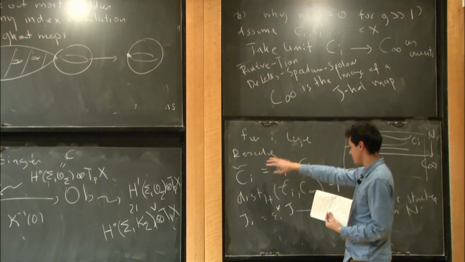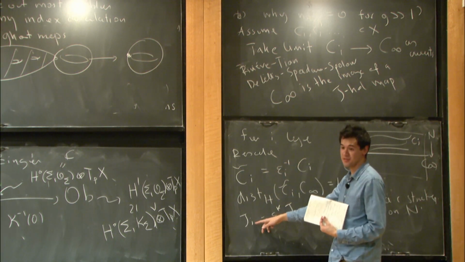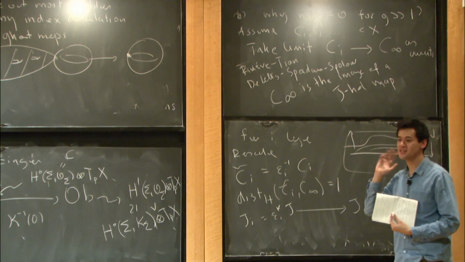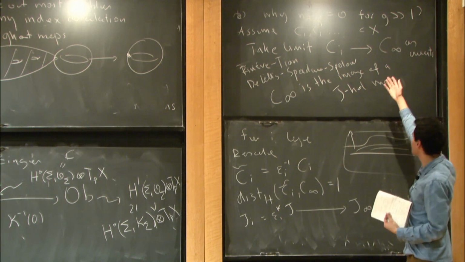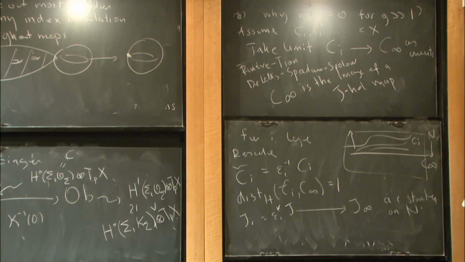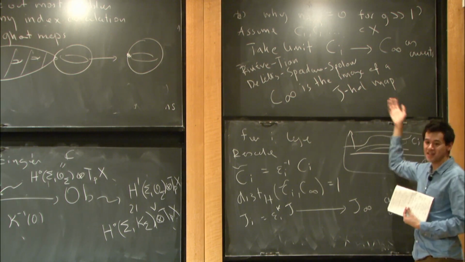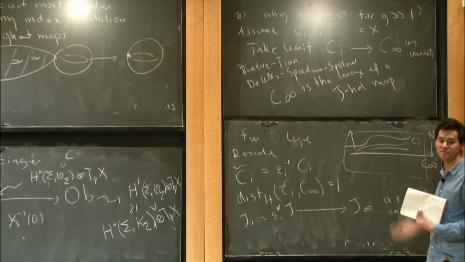These guys are J_i holomorphic. You can prove that they satisfy an area bound. Therefore, you can extract the limit as currents. And using these results, this current that you get is again an image of a J holomorphic map.